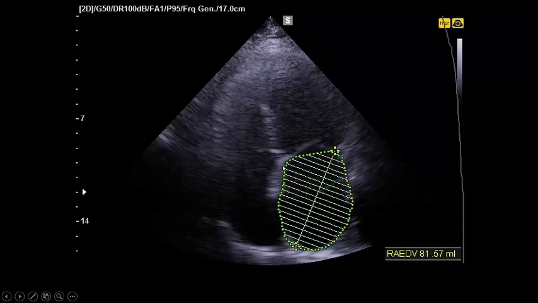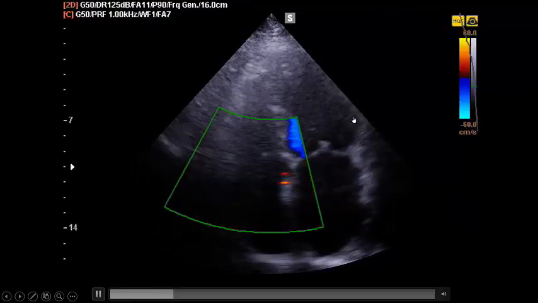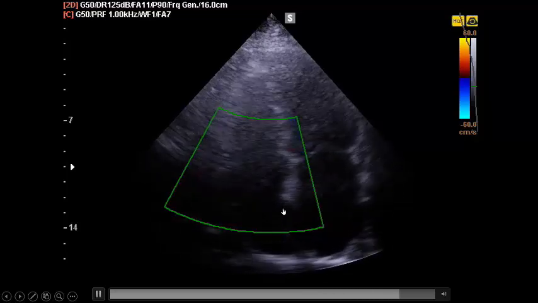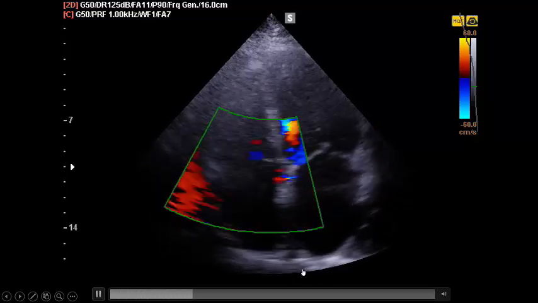You cannot rely on left atrial volume because of AF. And you see here no tricuspid regurg at all. That means left atrial pressure is definitely decreased.